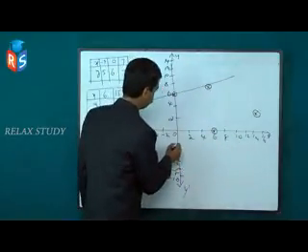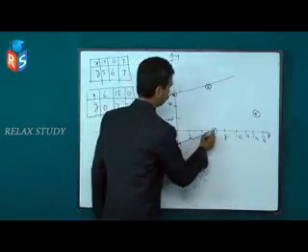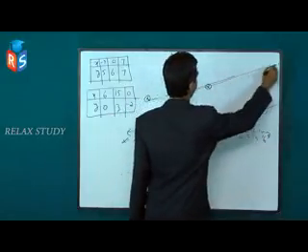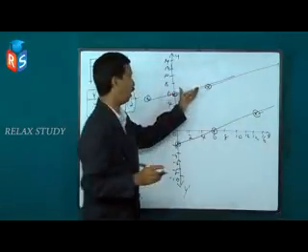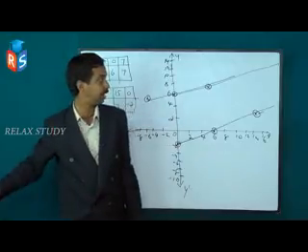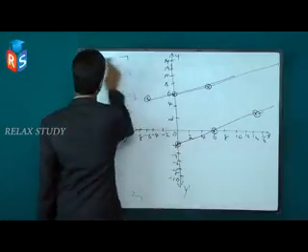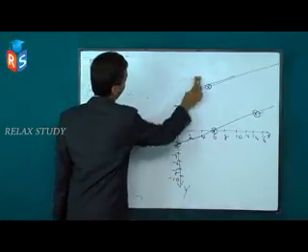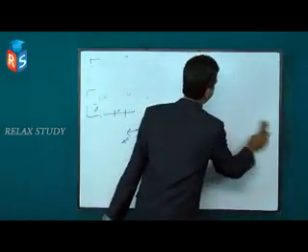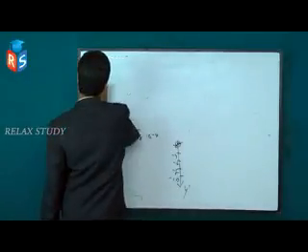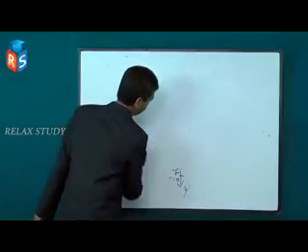Then 0, minus 2. The line goes like this. If we extend it, the lines will meet at a point. This is the graphical representation. So we can represent the pair of equations in two variables in algebraic form as well as graphical representation.